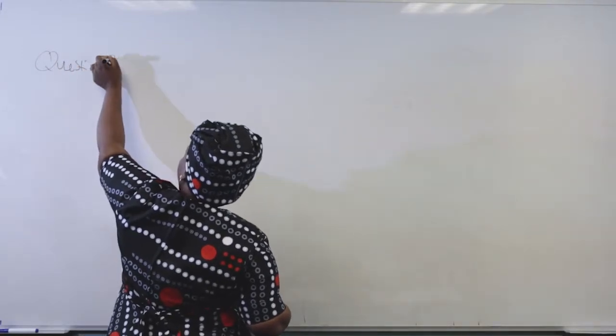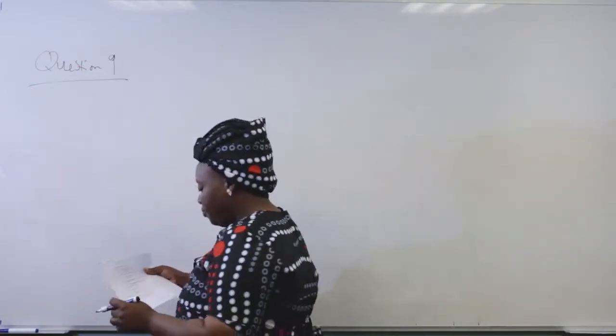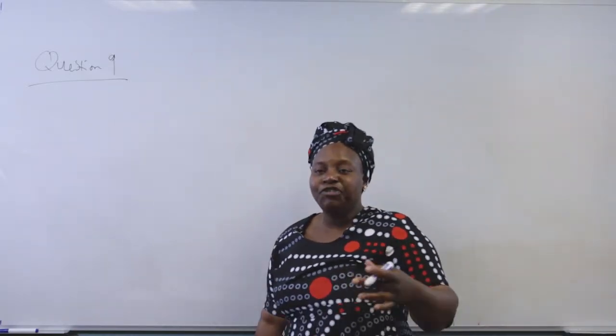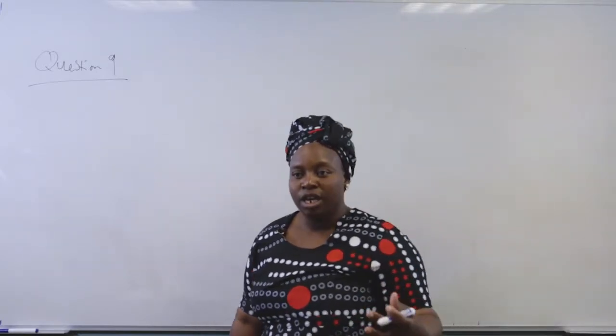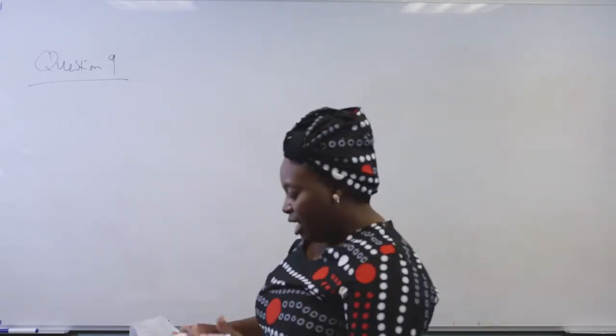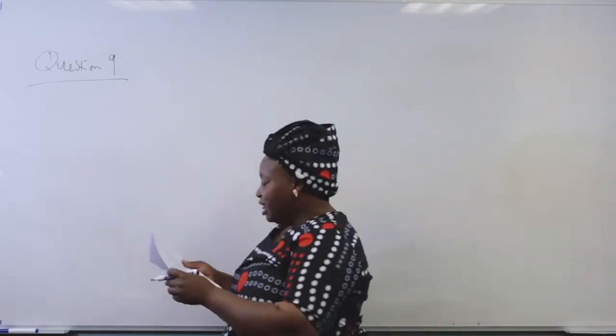In question 9, the first question says simplify as far as possible. Remember I said my definition of simplification is do whatever you can until you cannot do anything. So that's what we are doing when we simplify. And they're saying simplify as far as possible until there's nothing that you can do.